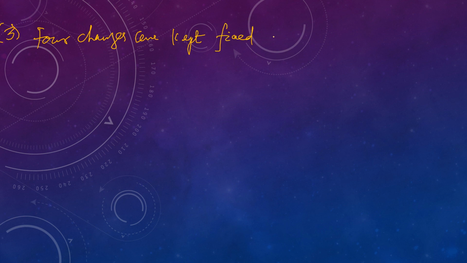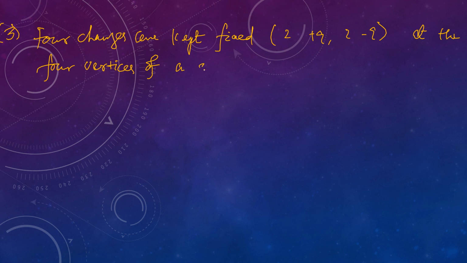Okay. Next, question number three. Four charges are kept fixed, like 2 plus q charges and 2 minus q charges, fixed at the four vertices of a square of side A, as shown in the figure.